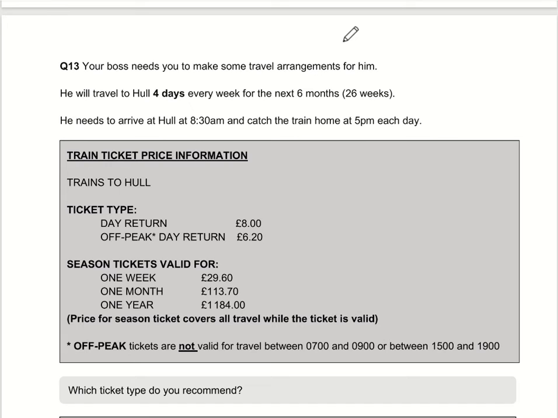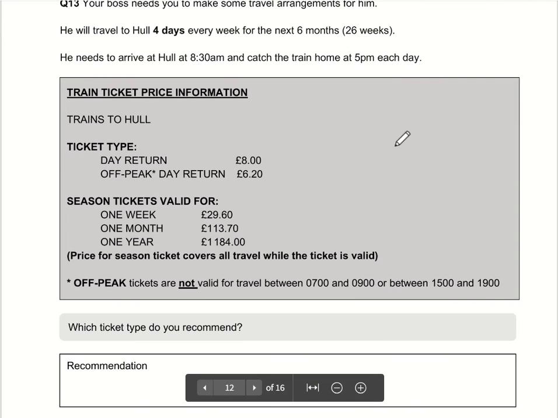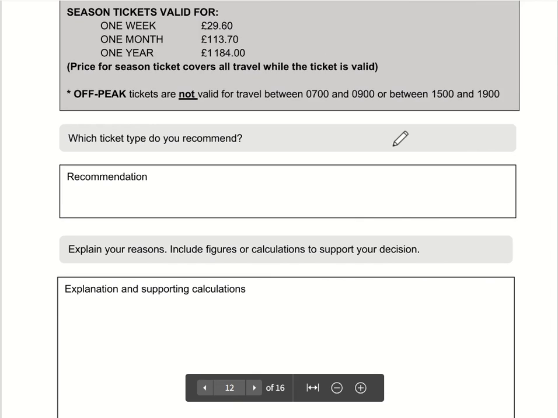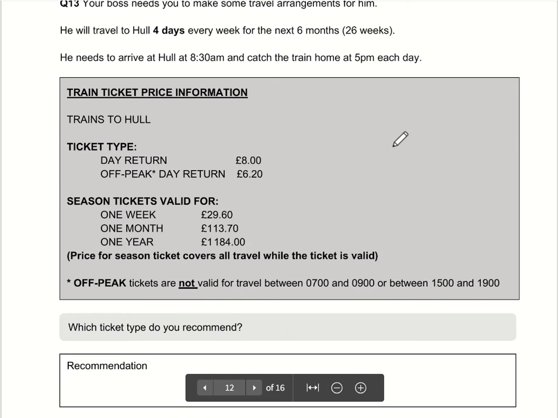So question 13, we need to work out what the best option is. So we know that he's travelling to Hull 4 days per week for 26 weeks. So that is 4 times 26 journeys. Okay, I'll probably do the calculations here so I'm not scrolling up and down the whole time.